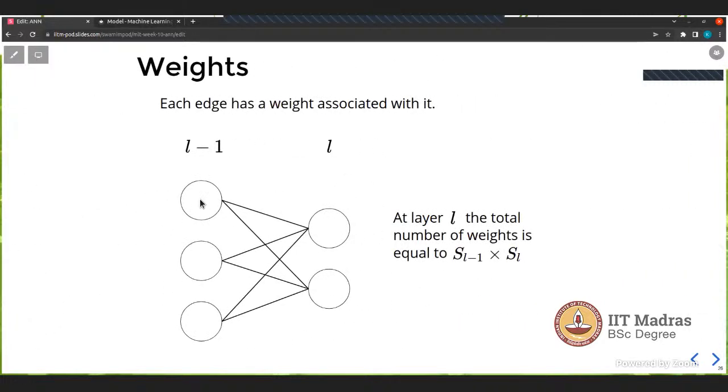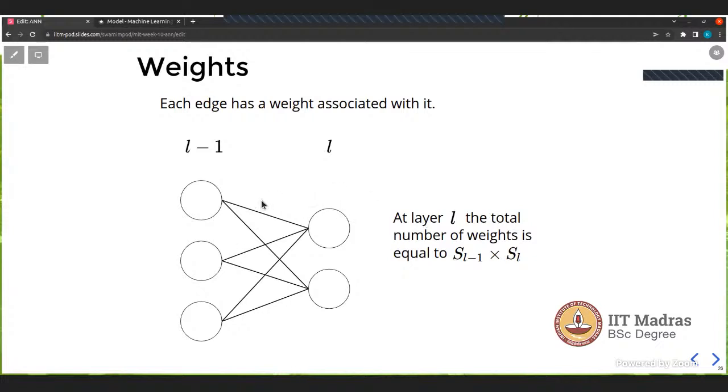So I'm skipping a lot of slides because they're all quite obvious, right? So all the weights, if you put them together in a matrix, you have a weight matrix. So S(L-1) cross S(L) is the dimensions of the weight matrix. So if you have a layer which has 3 neurons and the immediate layer after that has 2 neurons, then the weight matrix will be 3 by 2. Please note that it's not 2 by 3, right?